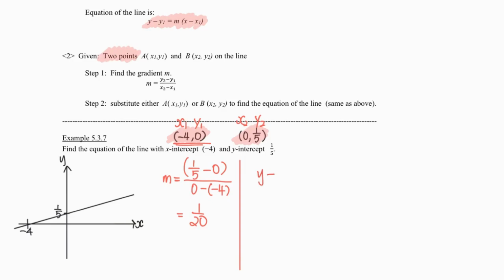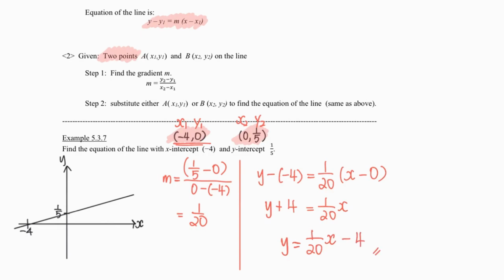So y minus negative 4 equals to m times x minus 0. So y plus 4 equals to 1 over 20x. So y equals to minus 4 on both sides.